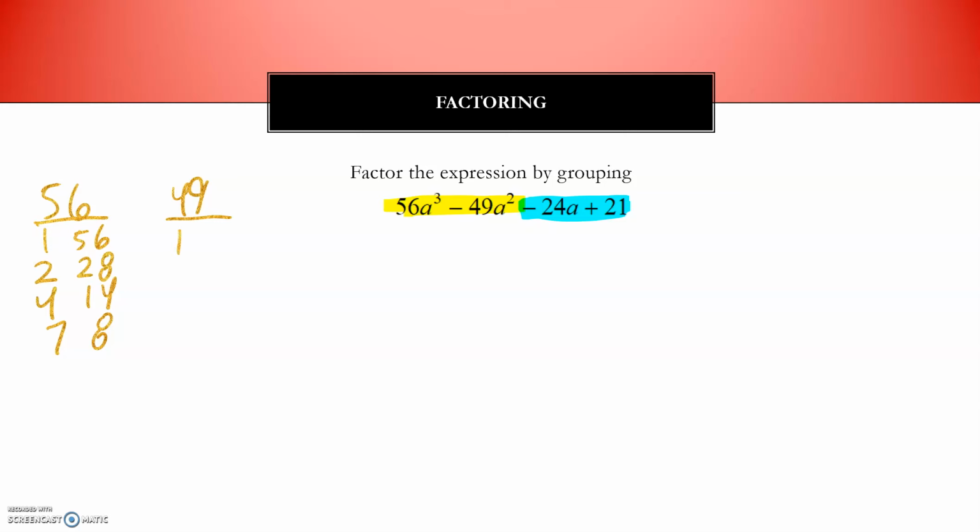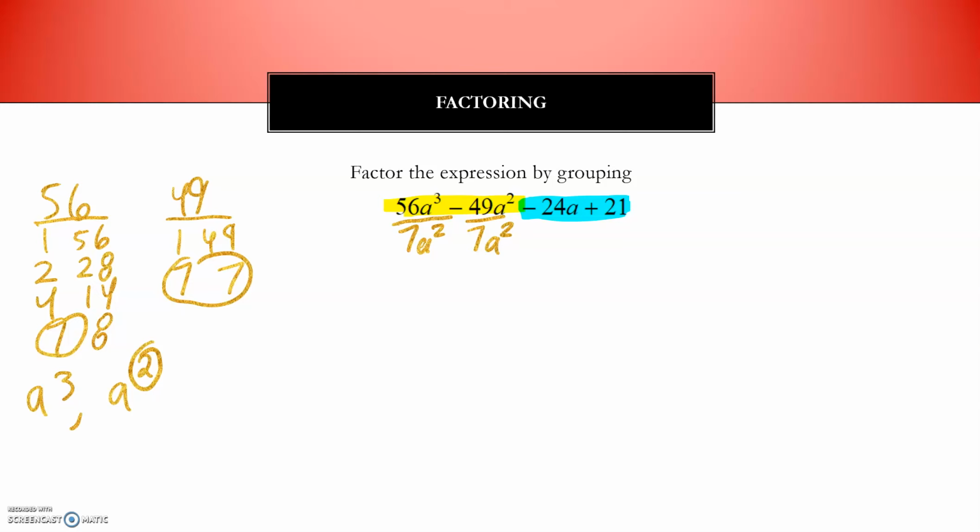For 49, we have 1 and 49, not 2, not 3, not 4, not 5, not 6, but 7 times 7. So 7 is the greatest common factor between 56 and 49. Then we need the greatest common factor between a to the 3rd and a squared, and it is the lower of the two, a to the 2nd.